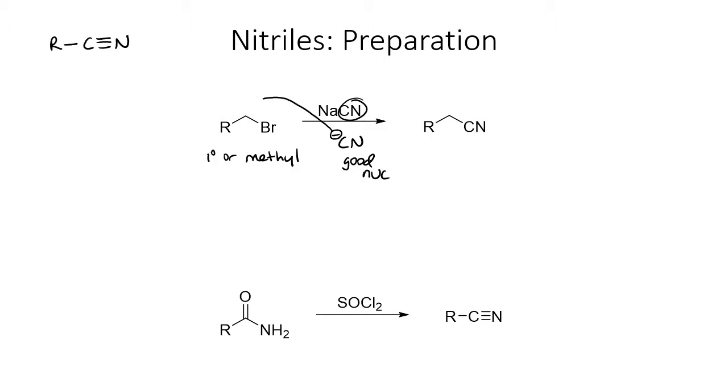So the cyanide will simply come in, attack the carbon containing the leaving group, kick off the leaving group, and form our product. So this is an SN2 mechanism. It's important to note that this reaction also adds one carbon. So you have to be careful and count your carbons with these types of reactions.